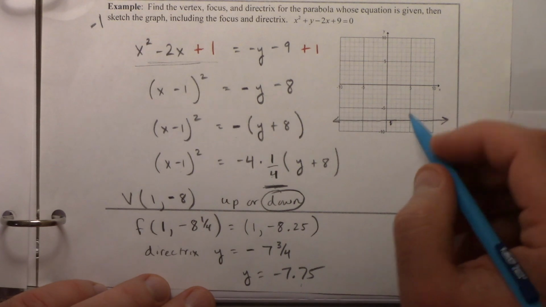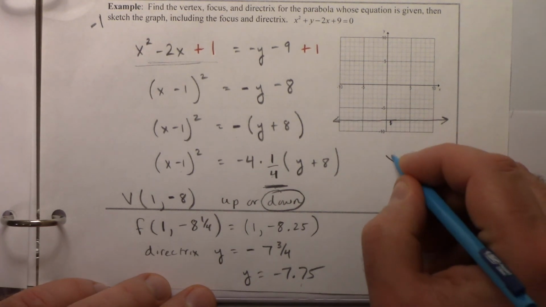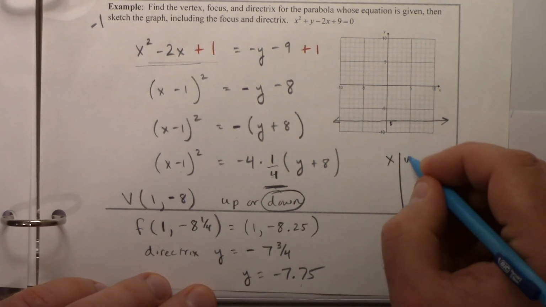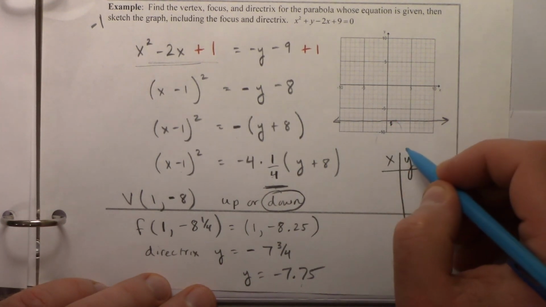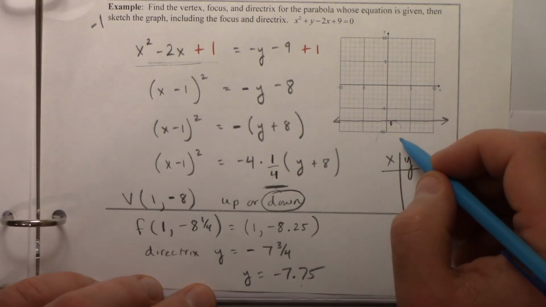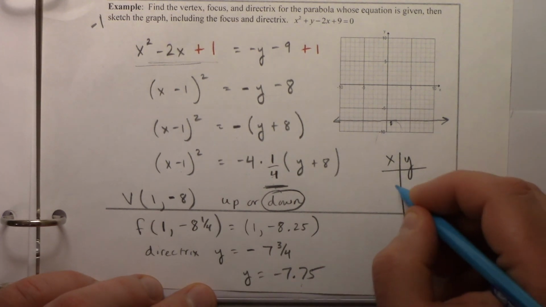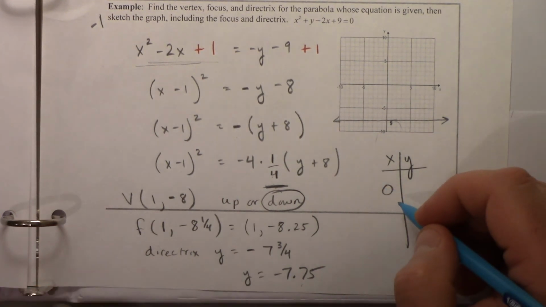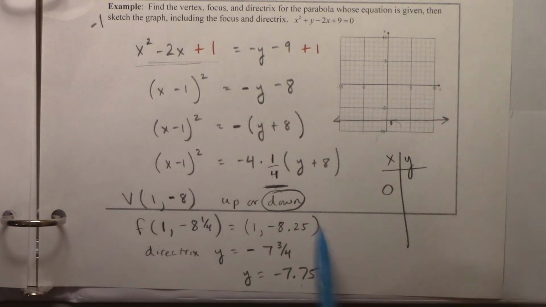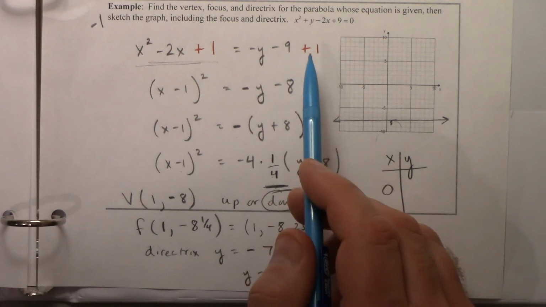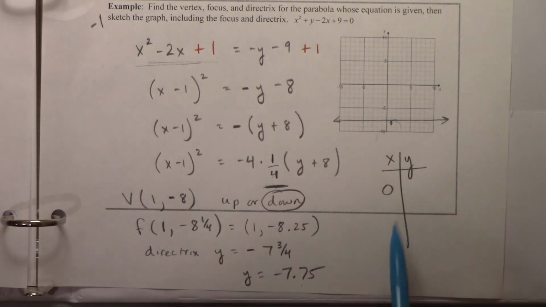Now all we need are a couple of additional points. You can make a little XY chart here. This is basically just going to be opening down. We just need some particular coordinates. I'm going to start by letting x equals 0, just because it's a convenient number. When I do that, I don't have to use this standard format. I can go all the way back to the original version of the equation to get these coordinates.